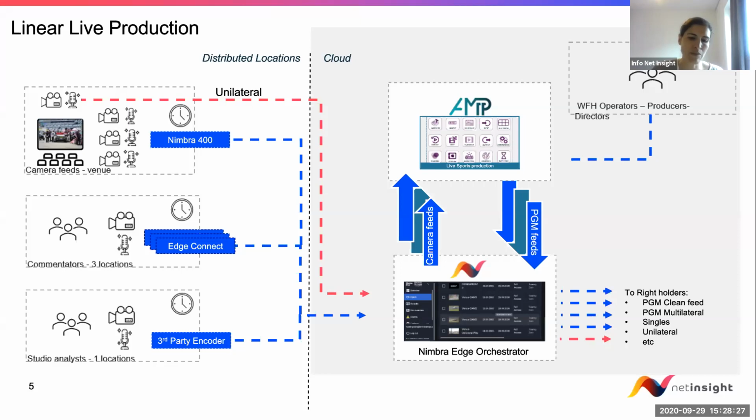Can you elaborate a little bit about that, and how scalable AMP and Nimbra Edge are? For example, what is the maximum number of sources that you can get, and what in this process eases or brings the scalability? Maybe you want to start, Larissa.